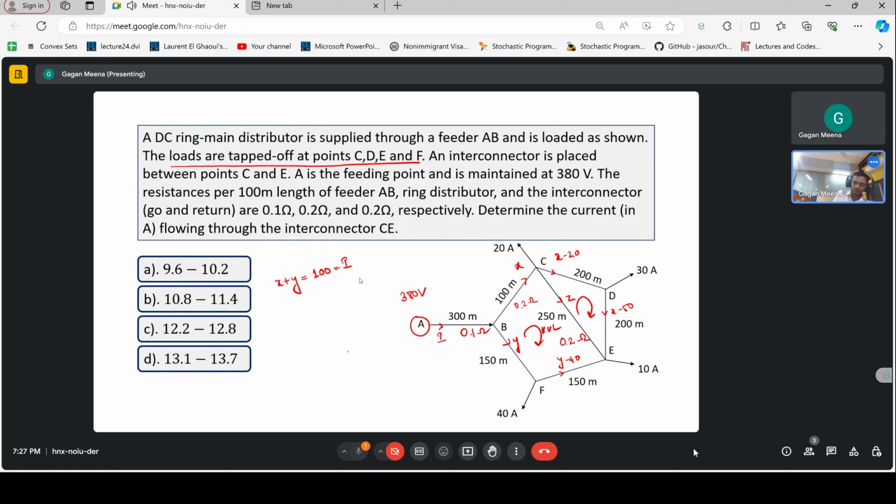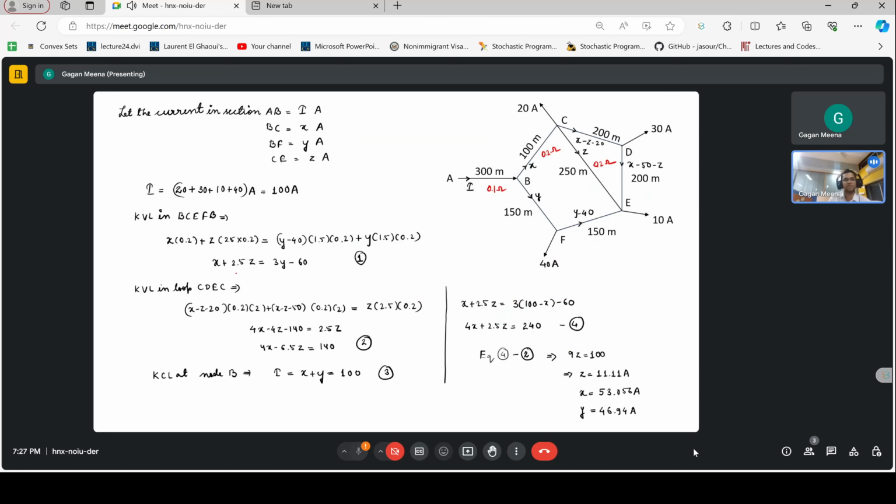Now write in this loop: X minus Z minus 20 into 0.2 into 2 plus X minus Z minus 50 into 0.2 into 2 is equal to Z into 2.5 into 0.2. This is the second equation. The third is this. So you have 3 variables and 3 equations.